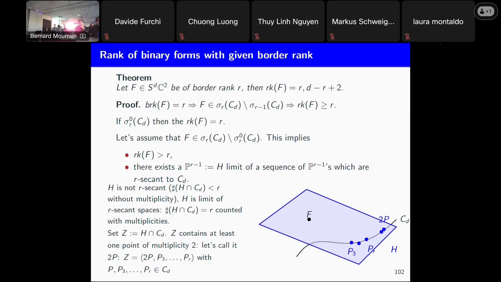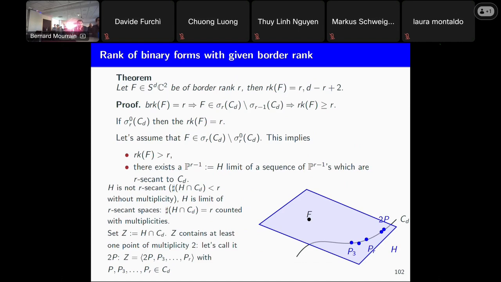And so I really want to see what happens if I take something in the closure that is not of rank R, so the rank is bigger than R. Now it's not like before. Before I had sigma 2, and so in the closure I had only tangent lines. Now I have sigma R. I have to discover what I have in the closure. So the rank of F is bigger than R.